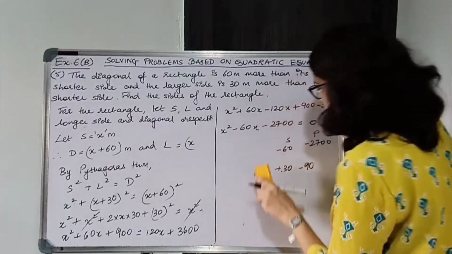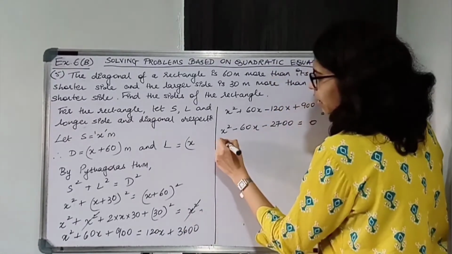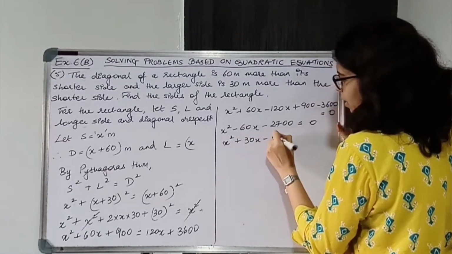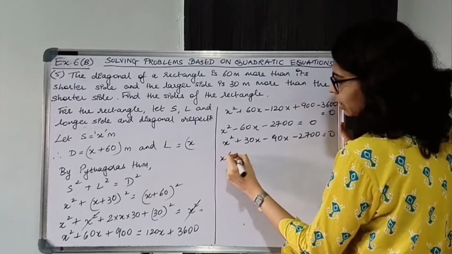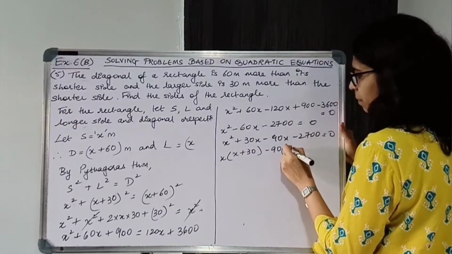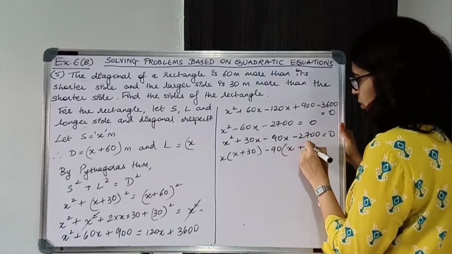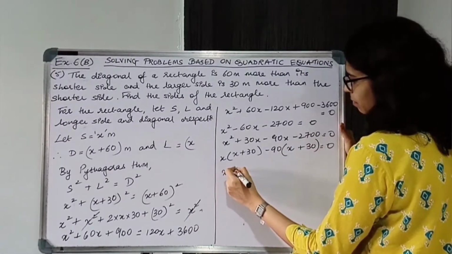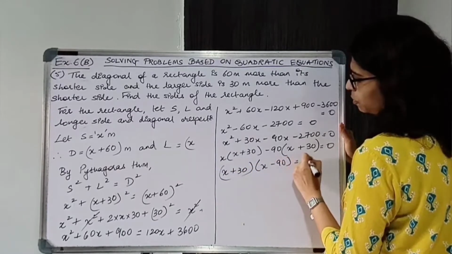So splitting the middle term, x square plus 30x minus 90x minus 2700 is equal to 0. So taking x common, x plus 30, taking minus 90 common, here x will become positive. This will also become positive. 90 into 30 will give 2700. So x plus 30 into x minus 90 will be equal to 0.